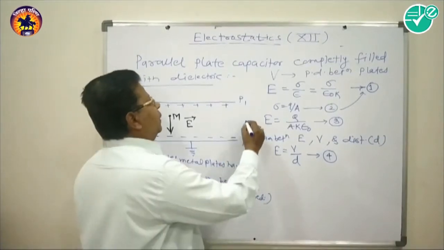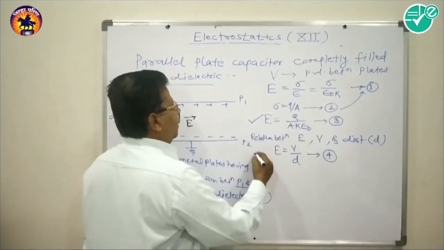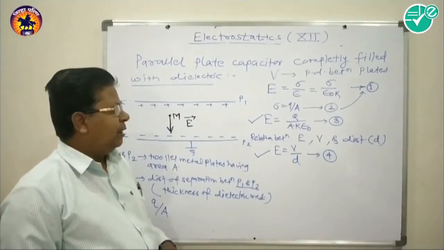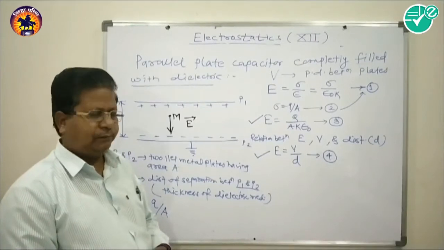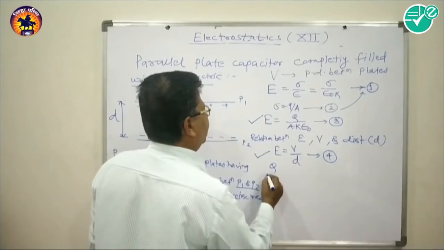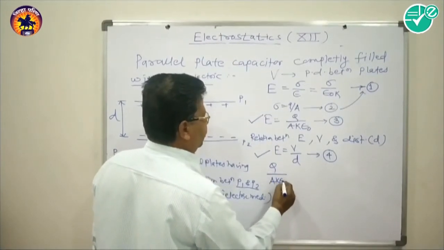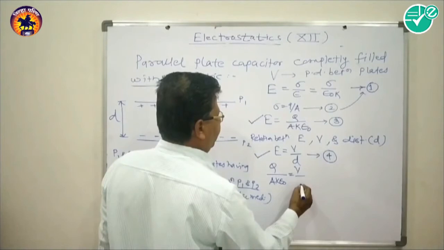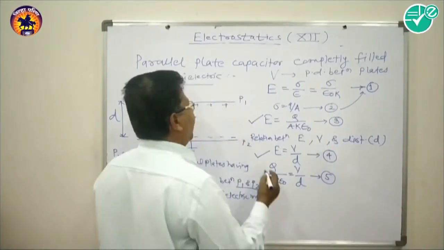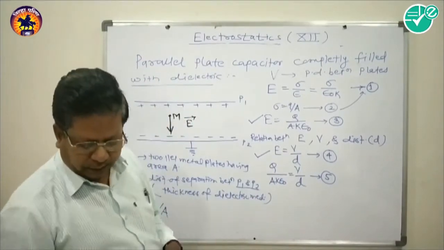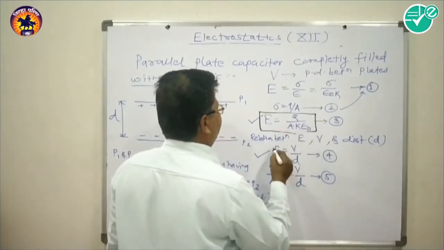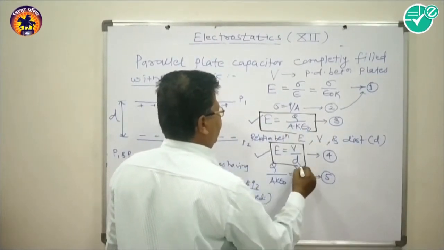Then comparing the right hand side of equations 3 and 4, we get Q divided by A K epsilon 0 is equal to V divided by D. So this expression is obtained by comparing the right hand sides of equation number 3 and equation number 4.